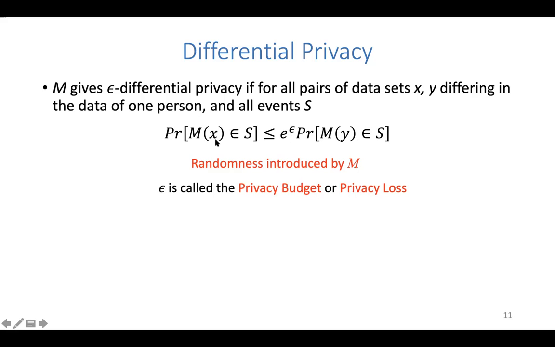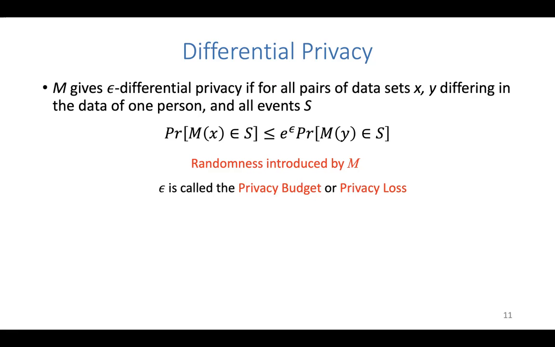For example, if epsilon is really small, like if epsilon is 0, then this term becomes 1. E to the power of 0 is 1, right? That means these two terms, the probabilities of these two, are the same, which means this mechanism M returns nothing useful because the probability is exactly the same.